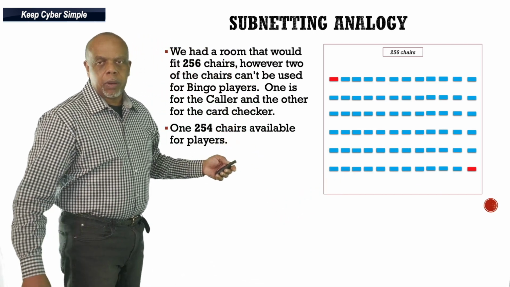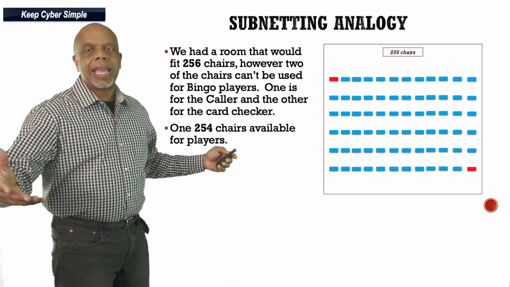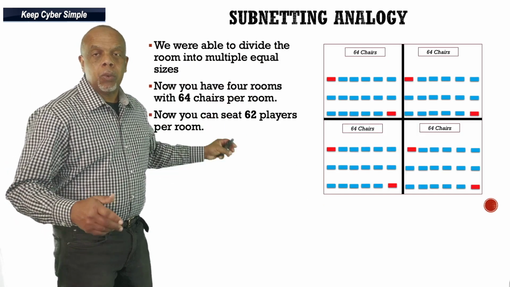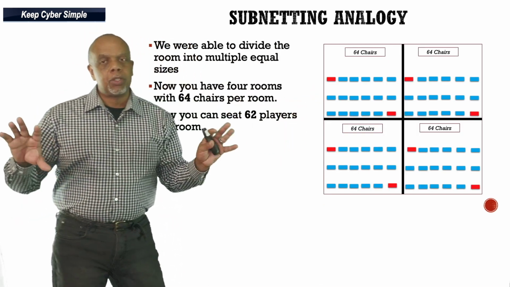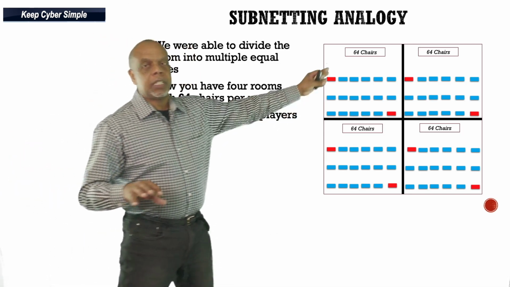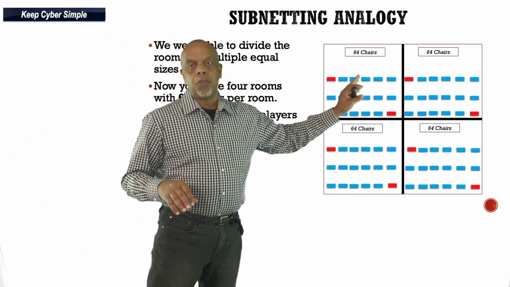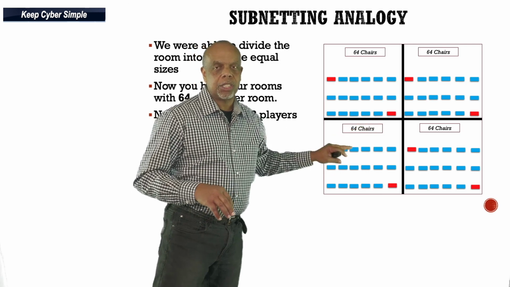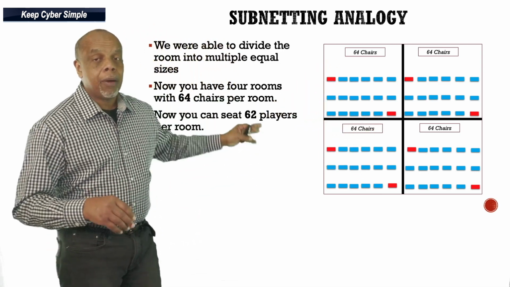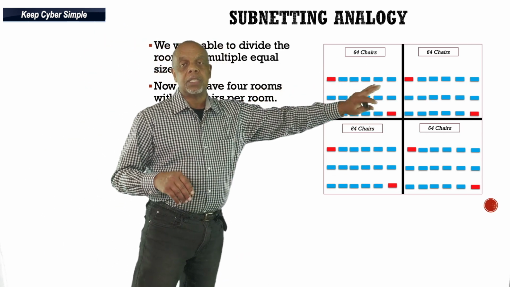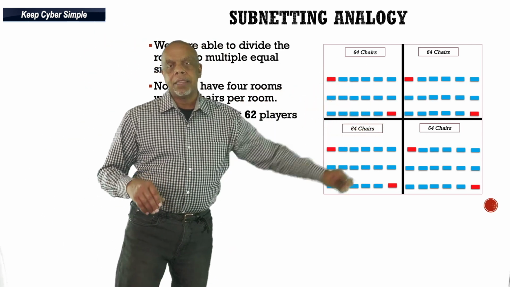So then we talked about, well, what if we want to have more games going at the same time, right? So we talked about subnetting, how now you could take that one room, you still only have 256 chairs, but we could divide it up into 4 different rooms just by doing some partitions, and have 4 rooms with 64 chairs each. However, you could only have 62 assignable because of that caller and the checker.